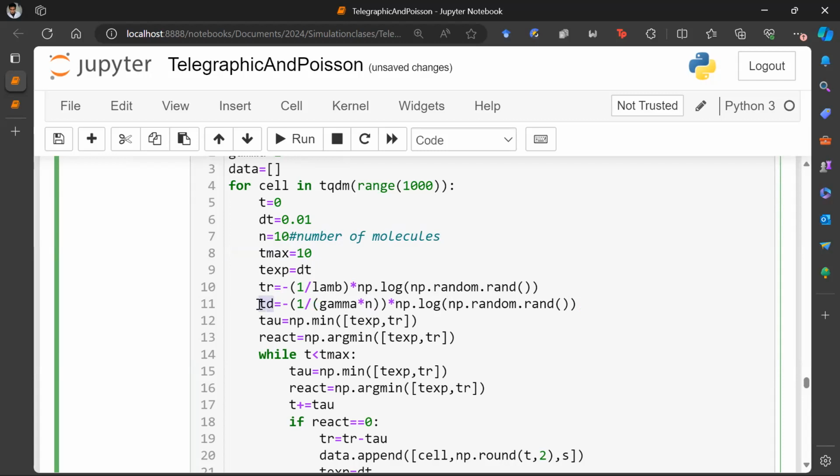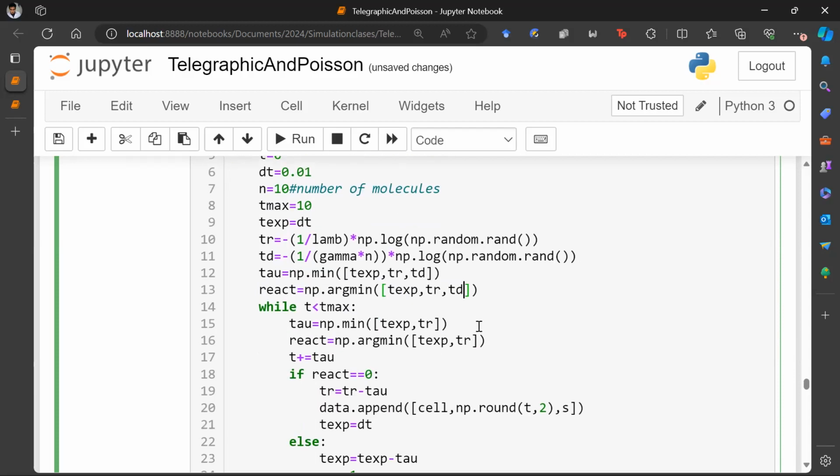And now we have 3 reactions. The first is the time for production, and the second is the time of degradation. Okay, so I add it in the next element.